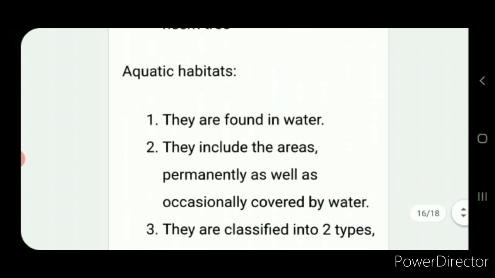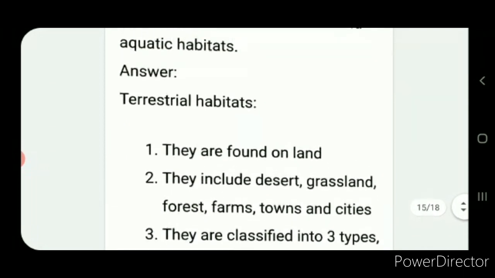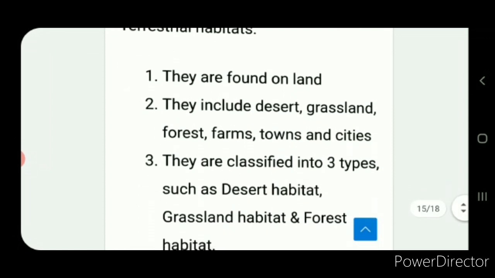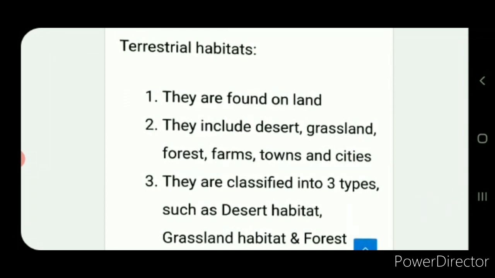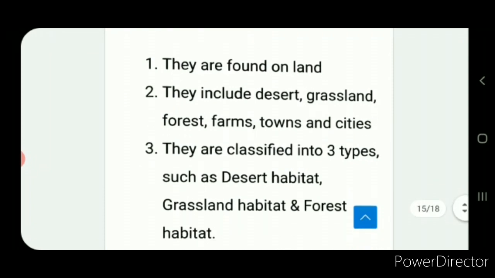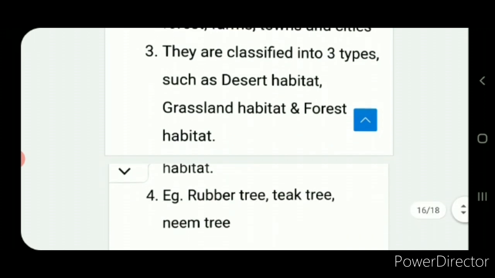This question also you are supposed to make in a tabular column format. On the left hand side you can make it terrestrial habitats, and on the right hand side aquatic habitats. Terrestrial habitats are found on land. They include desert, grassland, forests, farms, towns and cities. They are classified into three types such as desert habitat, grassland habitat and forest habitat.